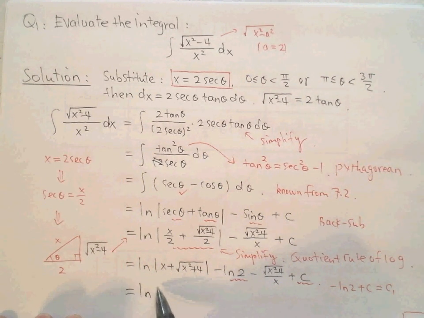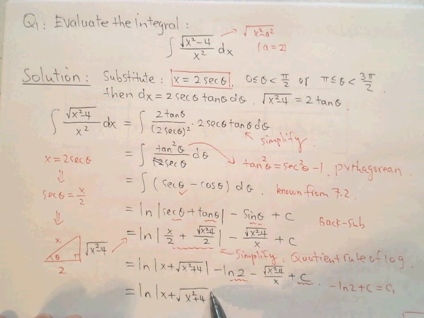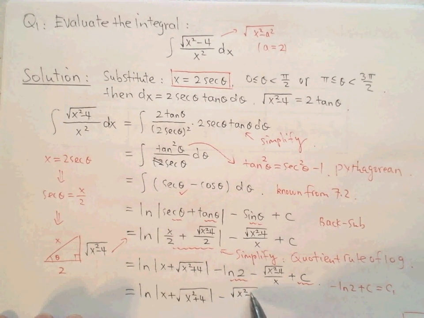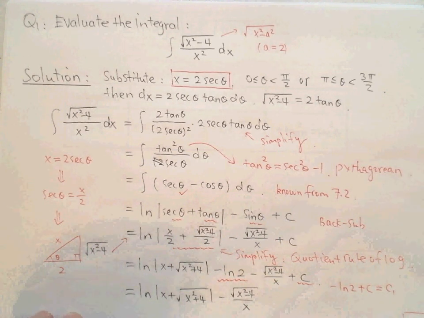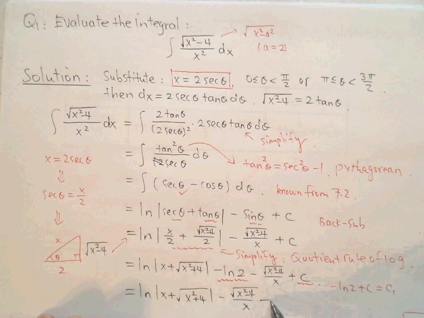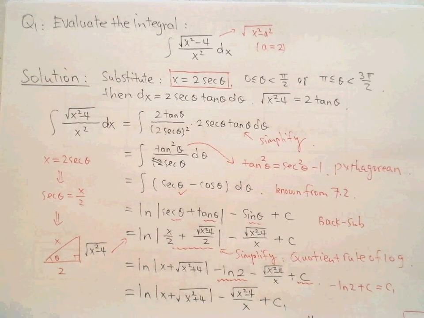And now we can get the final answer, which is the simplest: ln of the absolute value of x plus square root of x squared minus 4, minus square root of x squared minus 4 over x, and merge these two terms as c1. C1 is all the constant, and it's better to distinguish that c and this c. Yeah, that's all. Thank you.